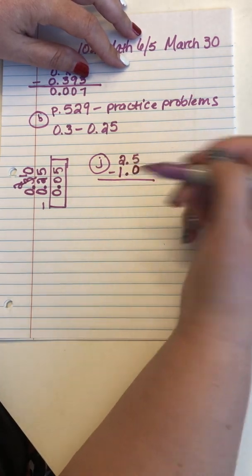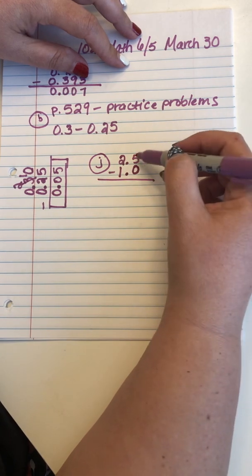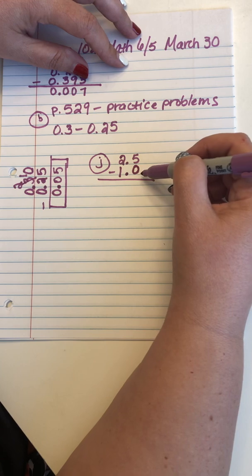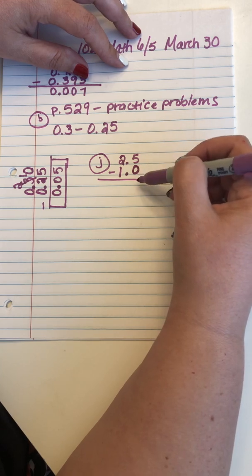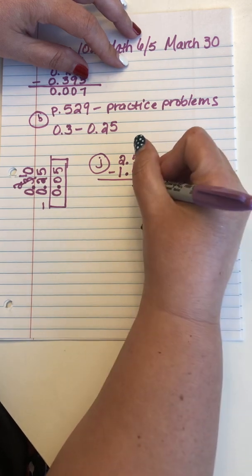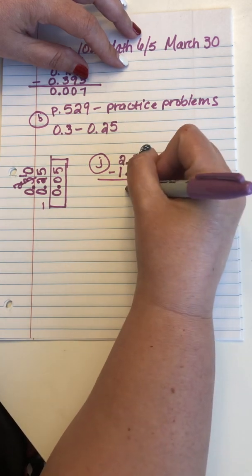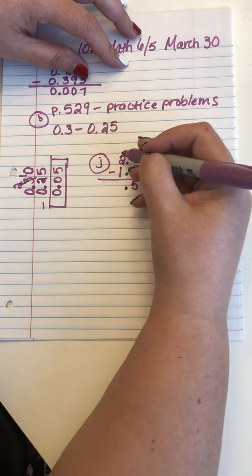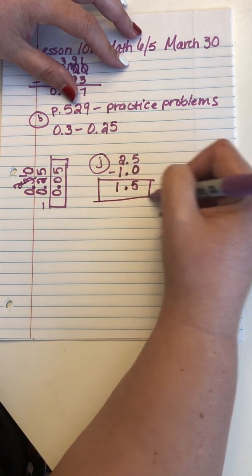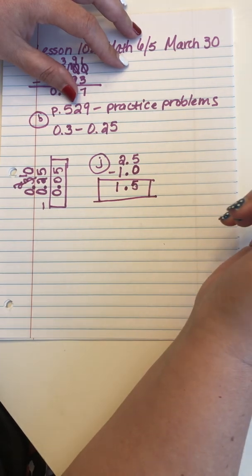Even though some of you may do this one in your head, I think it's good practice for you to put that same number of decimal places in each number. So 5 minus 0 is 5. Bring my decimal straight down. 2 minus 1 is 1. So there's my answer, 1.5.